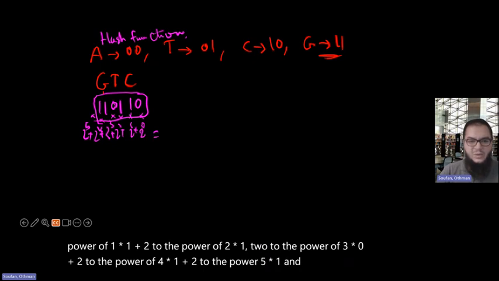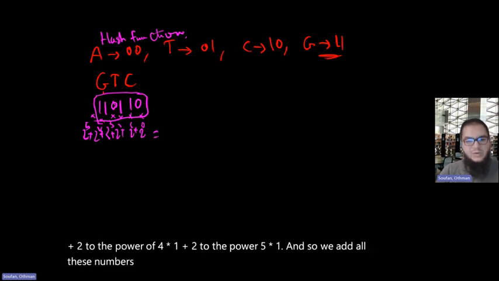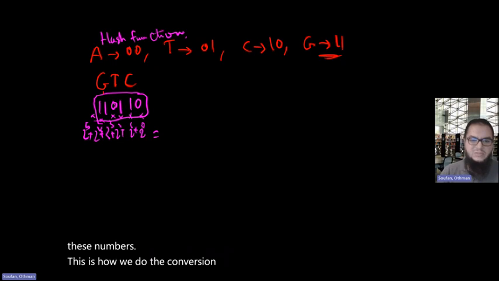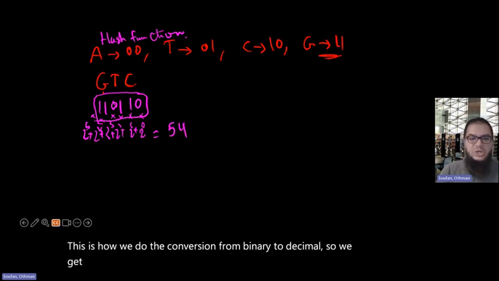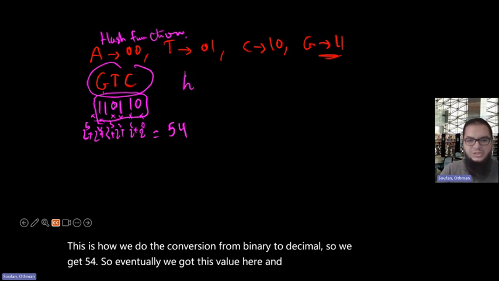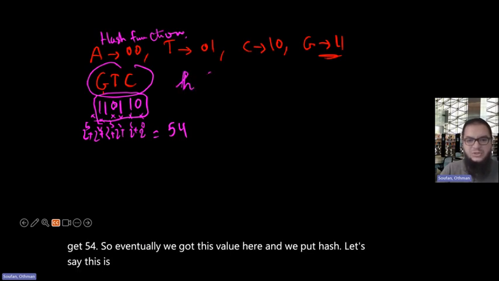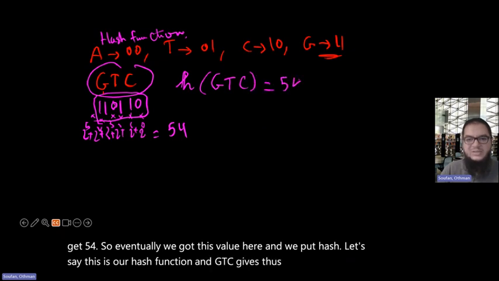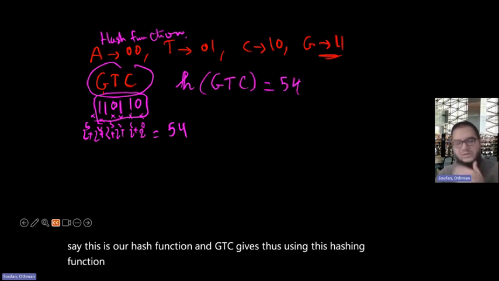We add all these numbers, and we get 54. So let's say this is our hash function, and GTC gives us, using this hashing function, 54.